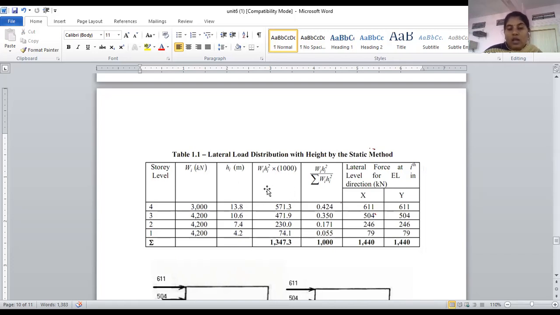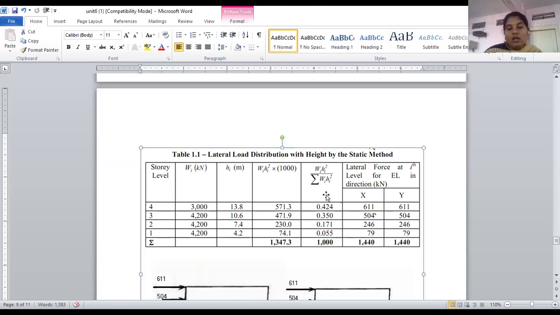Now we have to make the calculation, that is Wi hi square, where Wi is the value for every floor, first, second, third, and fourth, into hi square, where hi is the height of the building, which is 13.8 for the roof. We have to make the calculation, and directly if we make the summation and add all the values of this horizontal seismic coefficient, it will be equal to 1.